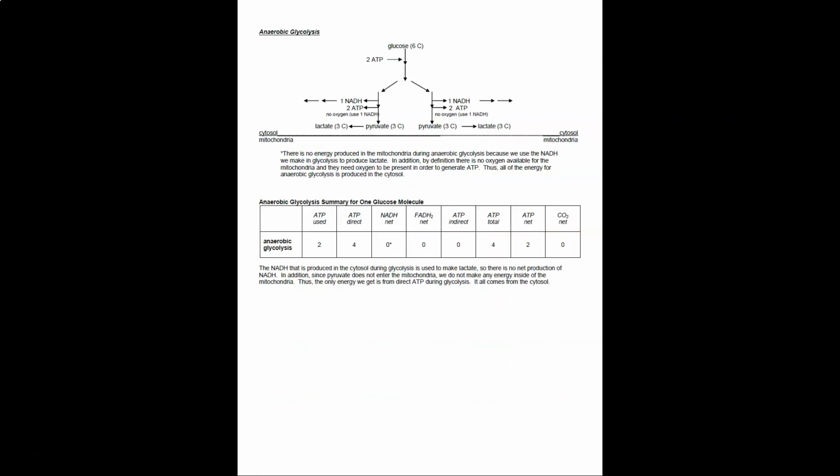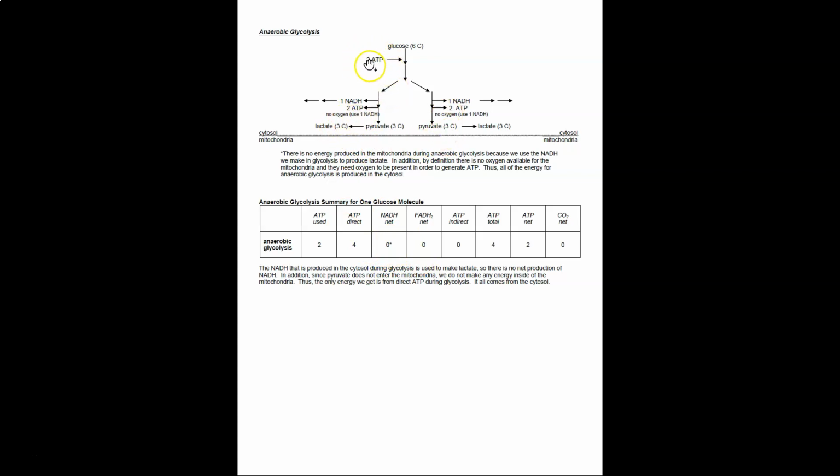The anaerobic glycolysis is also shown. It's pretty simple. So it shows what we have here. And we see that the NADH gets used up here, even though we made it. It gets used up, so we don't even count it. So it's 0 here. Here's my 4 direct ATP.